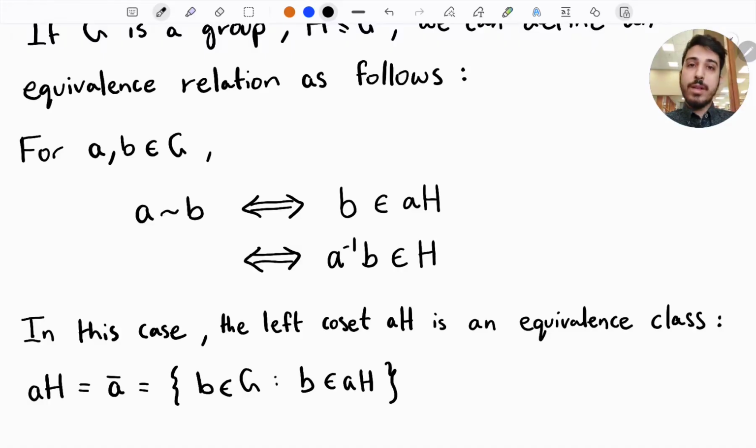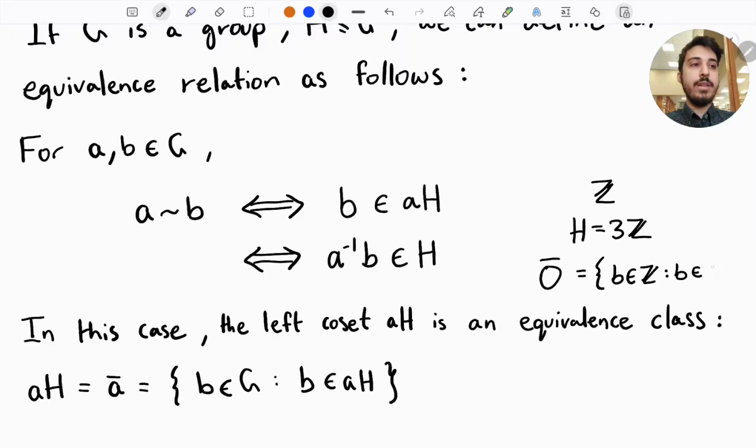So for example, in the integers Z, we had H equal to 3Z. The left coset, we had 0; we can say it's 0 plus 3Z, or 0 bar. So 0 bar is all of the integers b in Z such that b is inside aH, being 0 plus 3Z.